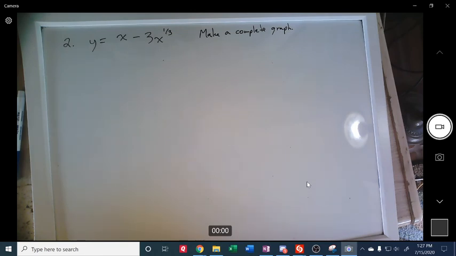If you look in 4.4 in the problem sets, so many of the problems, like from 15 on to 46, the instructions are make a complete graph of those.